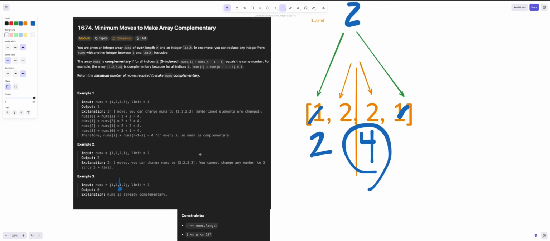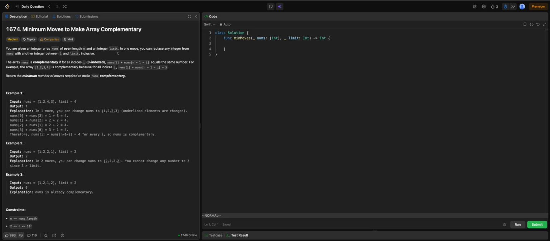Alright, I hope that you guys do understand the problem first. Let's try to write the brute force approach first. So what I'm going to need is the count, which will be the name sort count, because I don't want to count the nums array again and again throughout my problem.